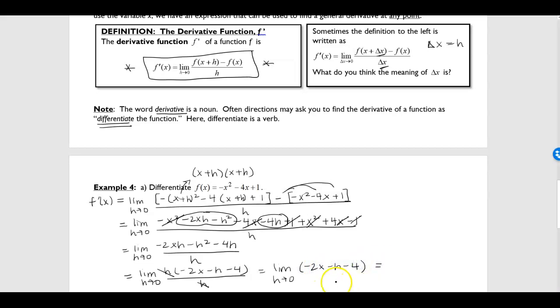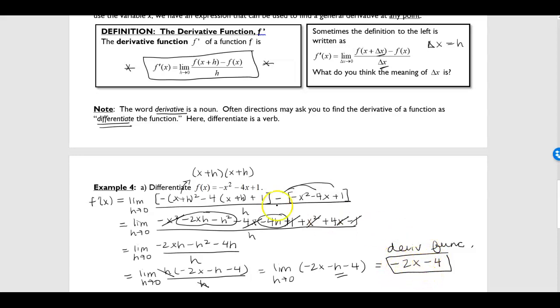So what you want to pay attention to here is that I'm only plugging in 0 for the h. And so then my answer is negative 2x minus 4. So this gives me the derivative function. And so instead of just telling me the slope at a certain value, it would tell me the slope at any x value that I want to plug in.